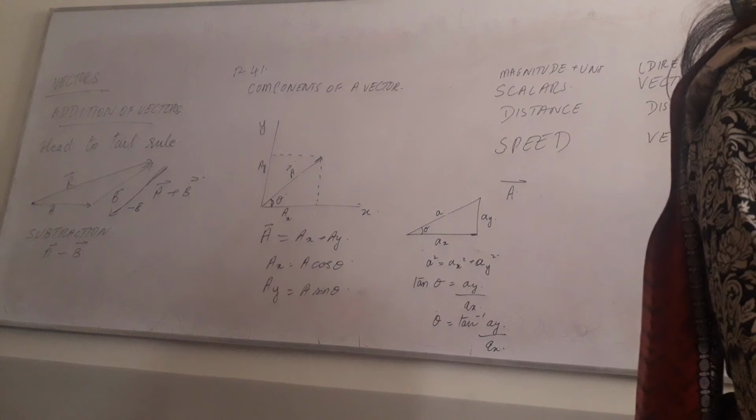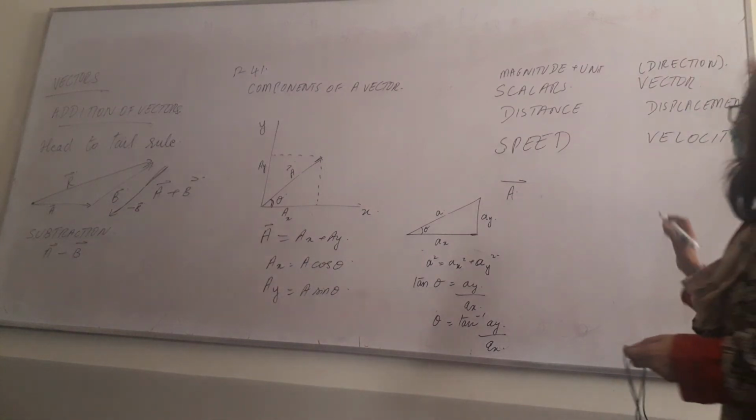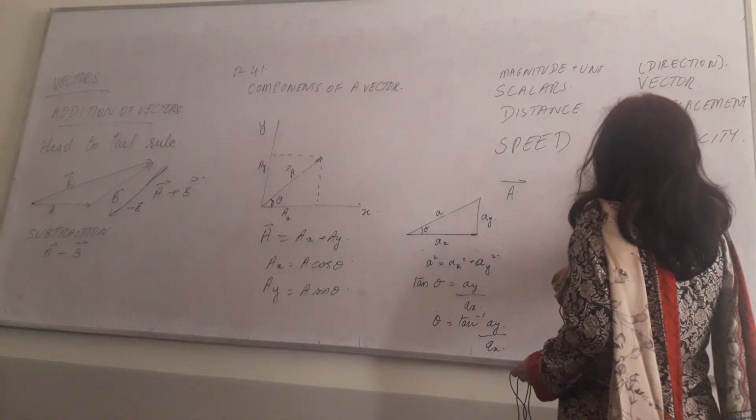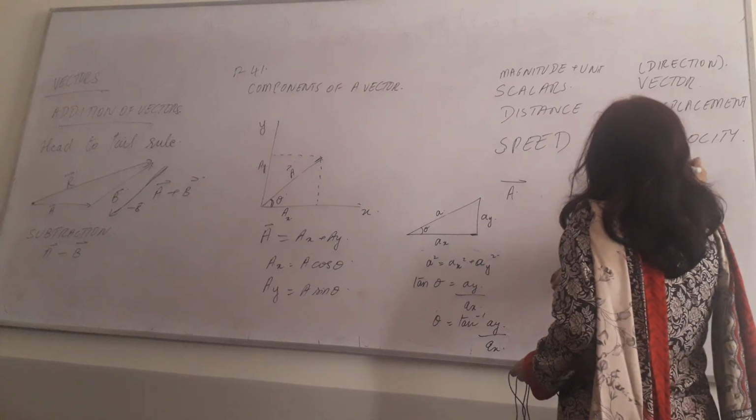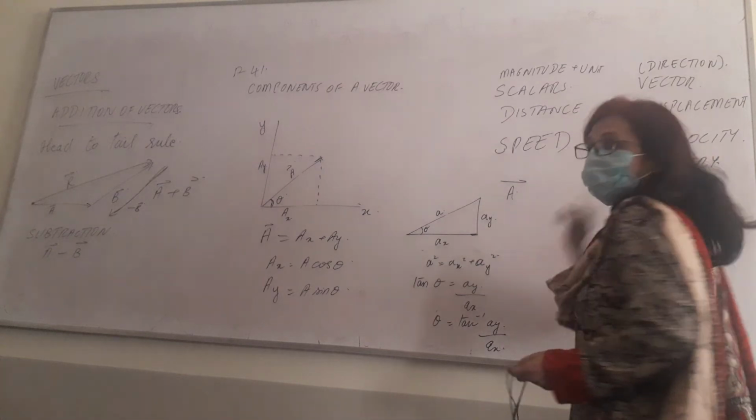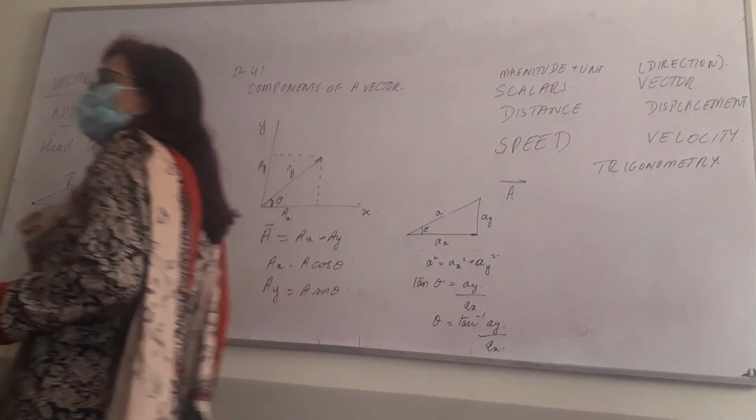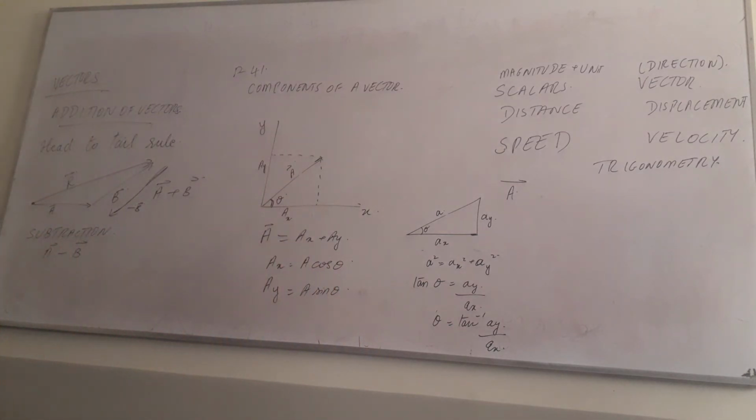So you do remember these trigonometry ratios? These formulas are given in your book. Don't worry, even if you have forgotten them, you can revise them again. Because this is a revision of what you've already done, so that we can go forward. These formulas are also defined in the chapter.